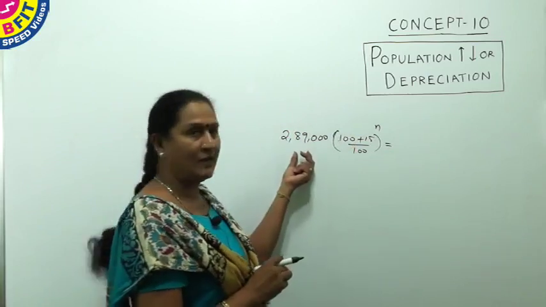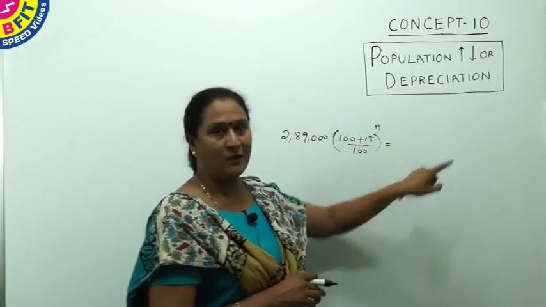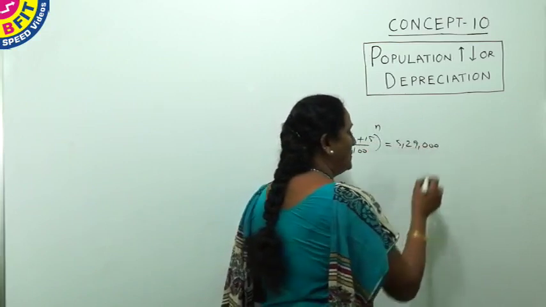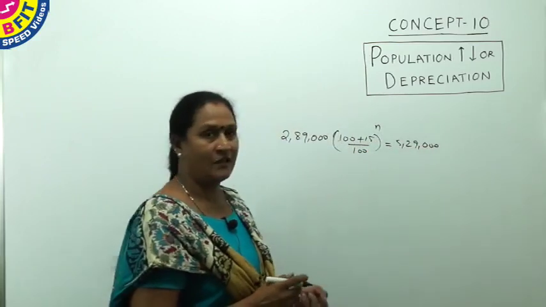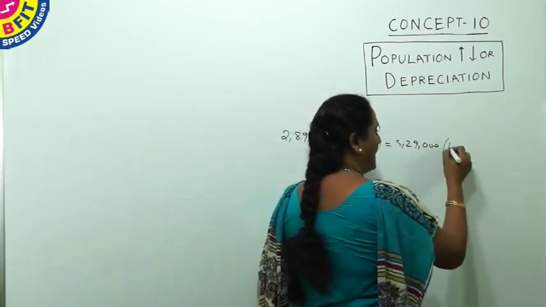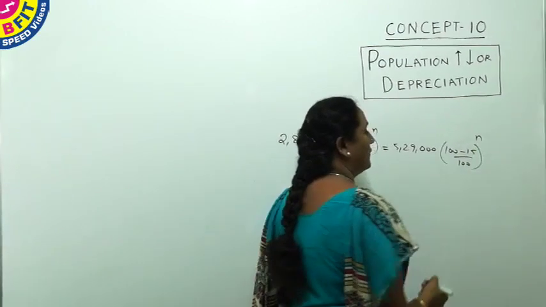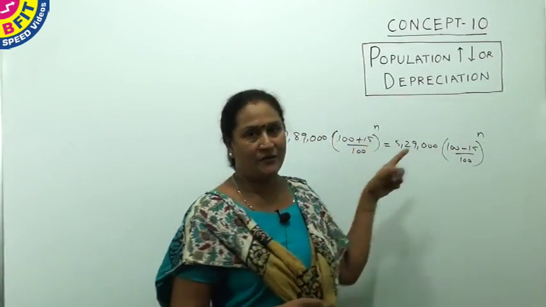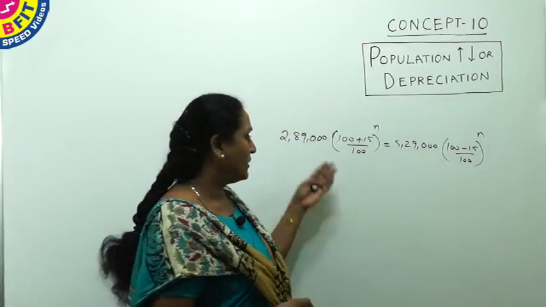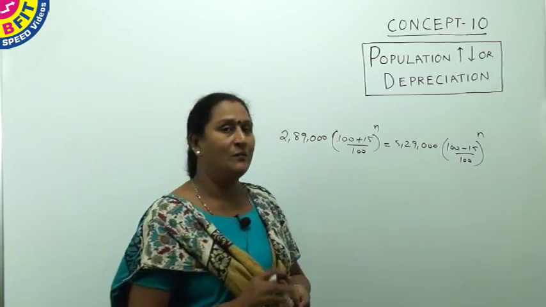So this value of the land appreciating 15% every year, after how many years will be equal to the value of the house, which was built at the worth of 5,29,000 and is depreciating 15% every year. As it is depreciating, it is 100 minus 15 by 100 to the power of n. So we have to find the number of years where both the values will become the same. Here the value increases and here the value decreases.